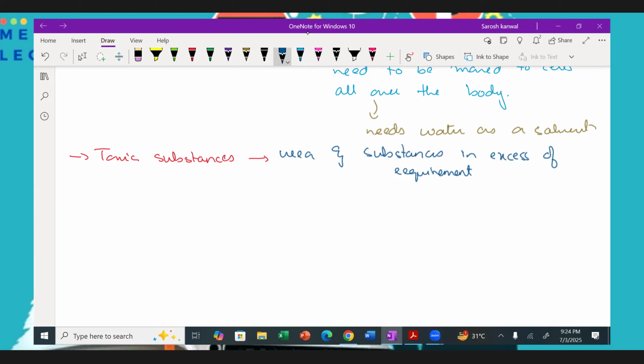Okay, the substances that are in excess of requirement, those substances could be salts, right?